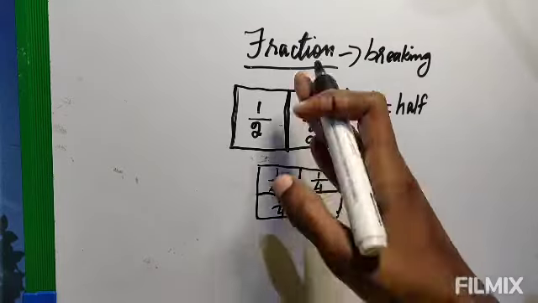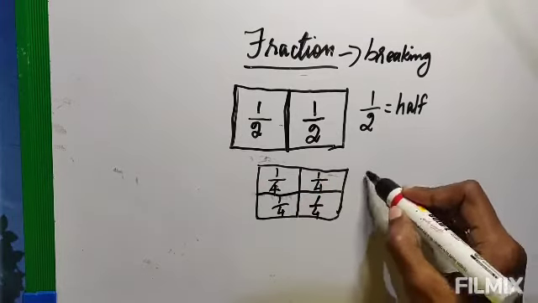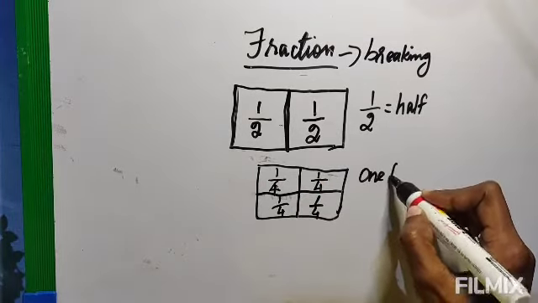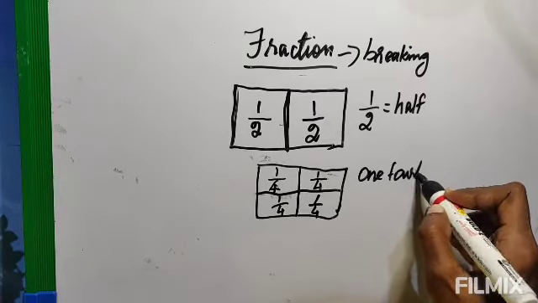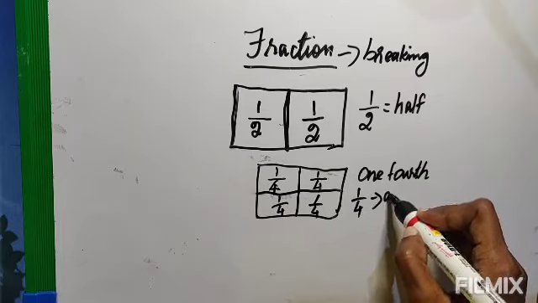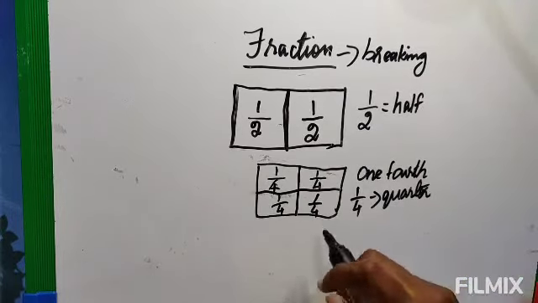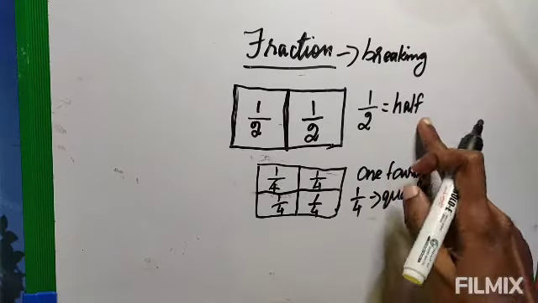So this is half and this is called quarter. 1/4 is called quarter. Quarter means 1 by 4, and 1 by 2 means half.